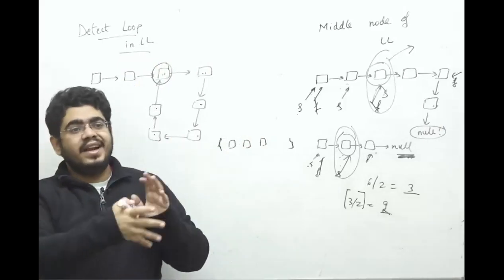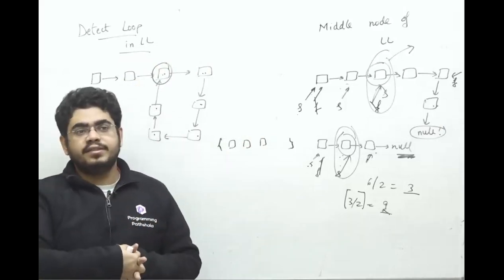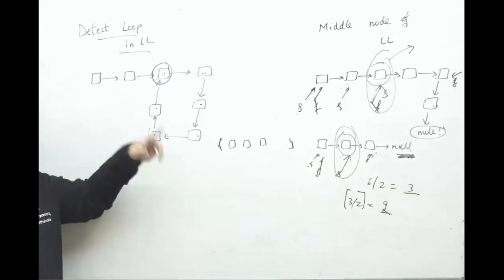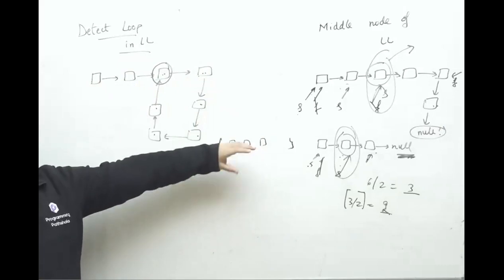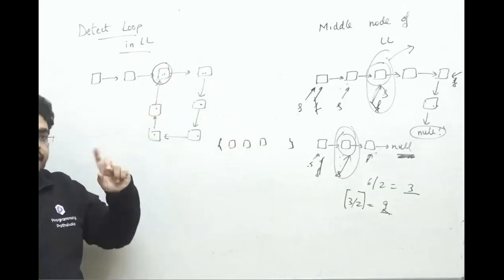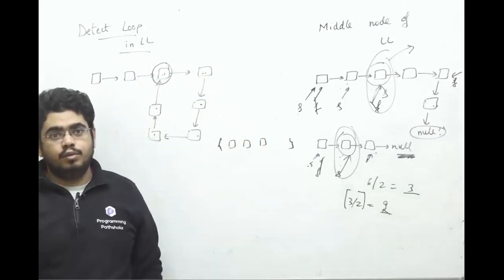So I can have a set or a map kind of thing, or any storage which tells me what the unique elements in it are. Whichever node I'm going through by iterating, I just put it in the set, and I check before putting, have I already seen this element? If yes, then I'll just say it's a loop.